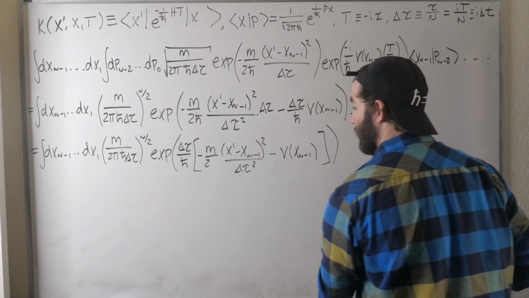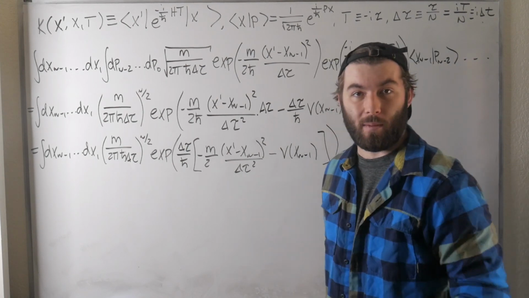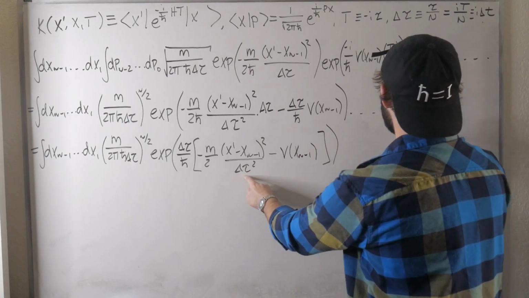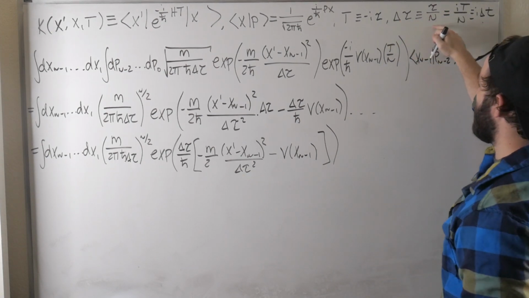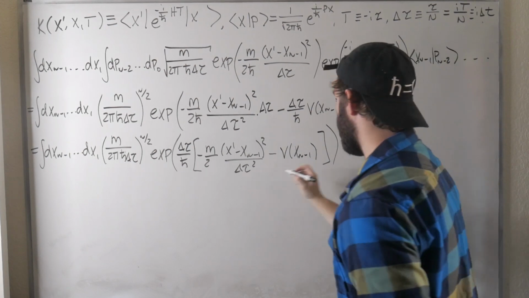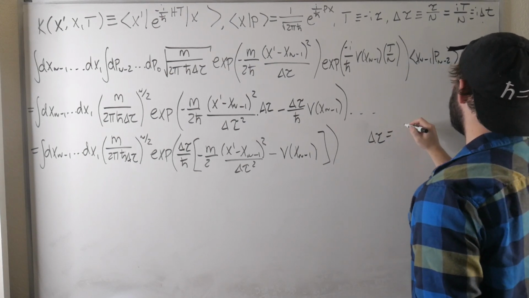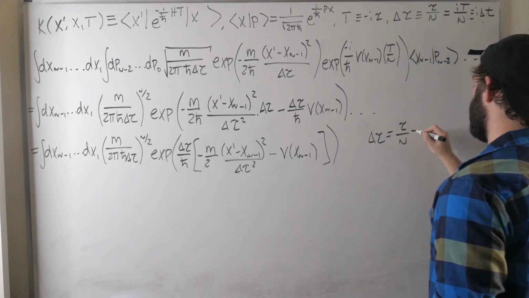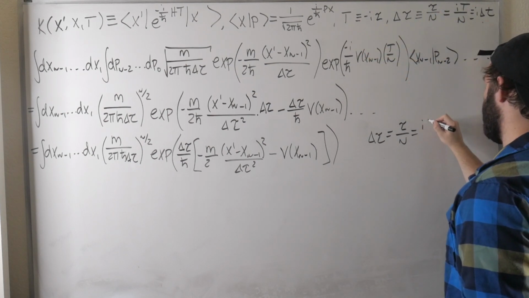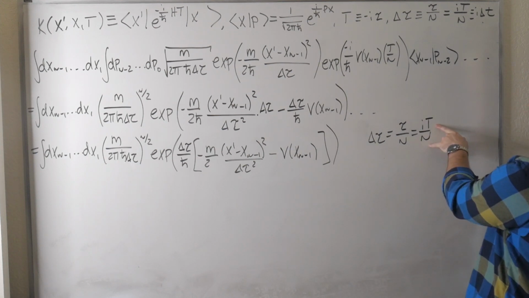I close the exponential. The next thing that I want to do is substitute back in what delta tau is in terms of t. So delta tau is just tau over n, so we have delta tau squared equal to tau over n, which is equal to, tau is just i times t over n, and I want to define t over n to be delta t.